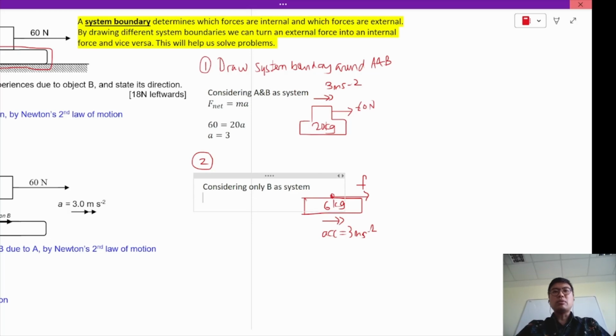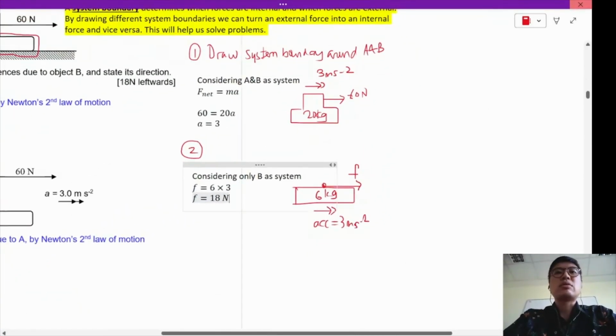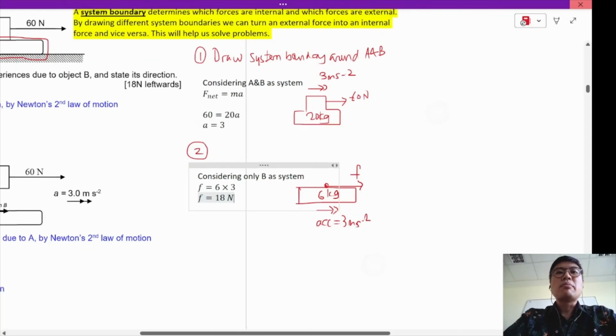If we consider only B as a system, then F equals 6 times 3. That gives us F equals 18, which means that the friction force is 18 newtons to the right. But that's not the answer.